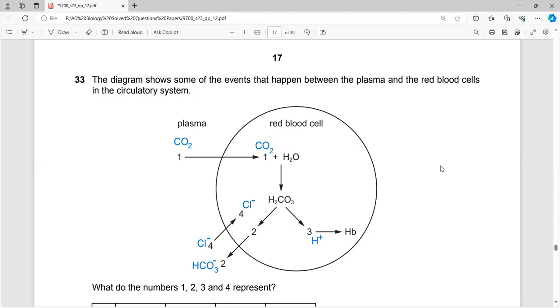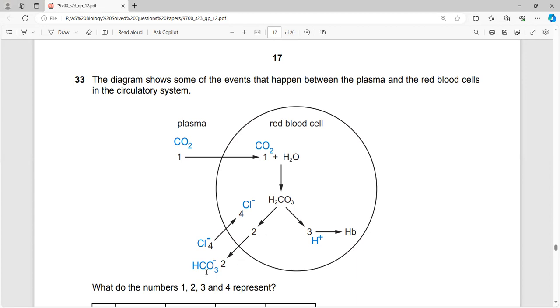The carbon dioxide combines with water in the presence of carbonic anhydrase enzyme and produces hydrogen carbonate. This is not a stable molecule and will dissociate into its ions, the bicarbonate ions, and these hydrogen carbonate ions move from inside the cell to outside.